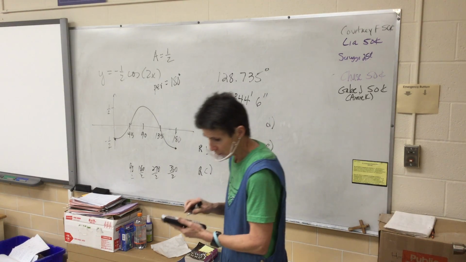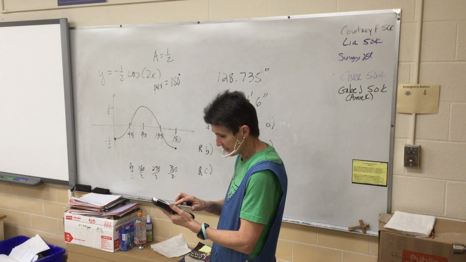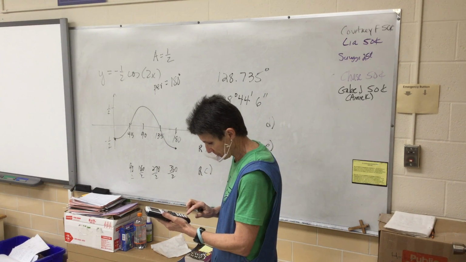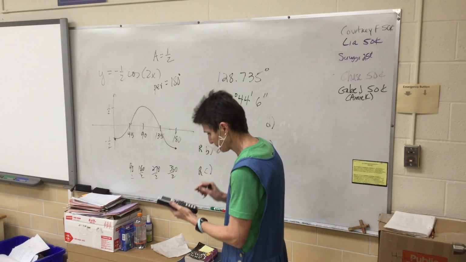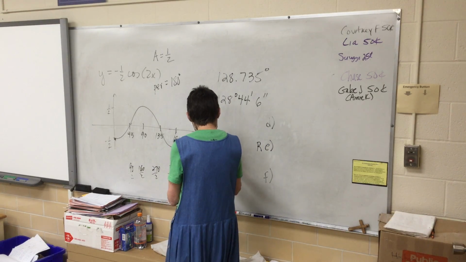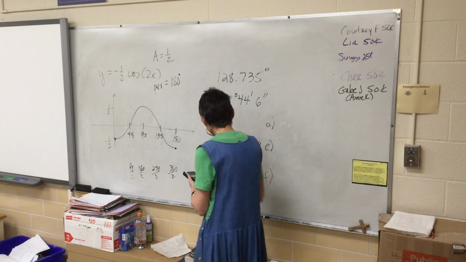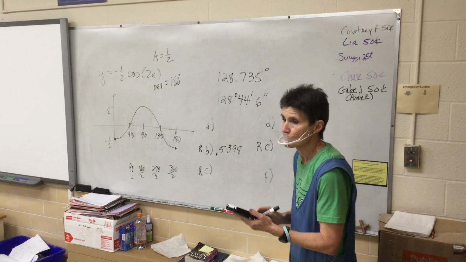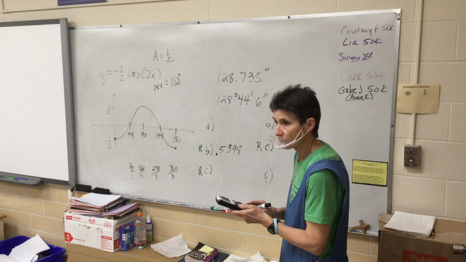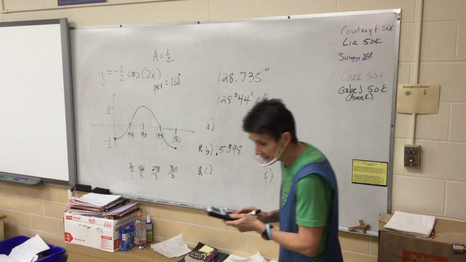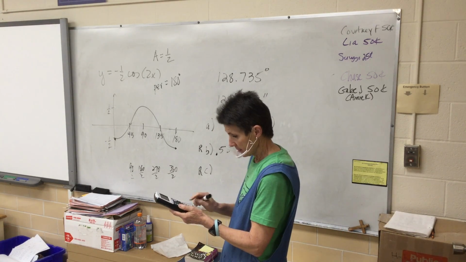Okay? So, B, easy. Second sine, 0.514. So B is 0.5398. Okay? Now what about C? Easy.